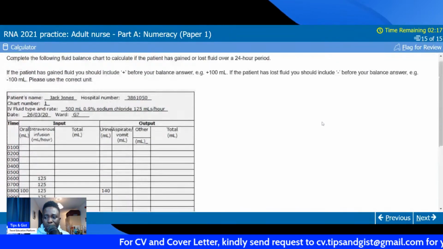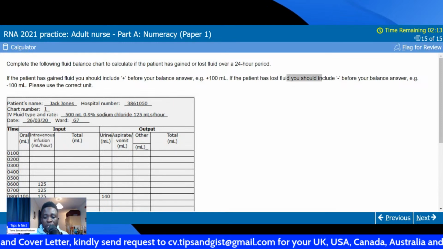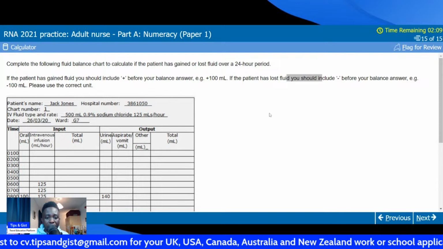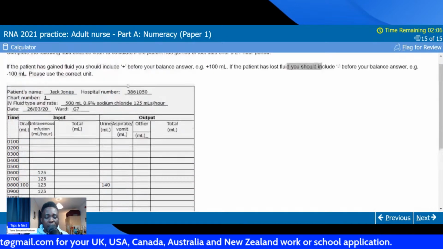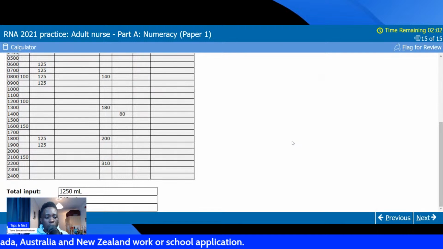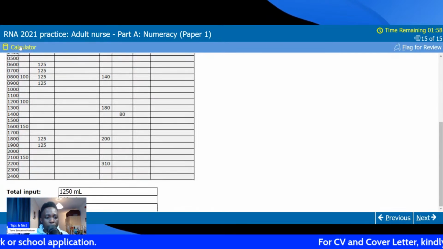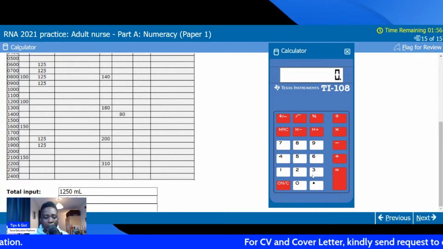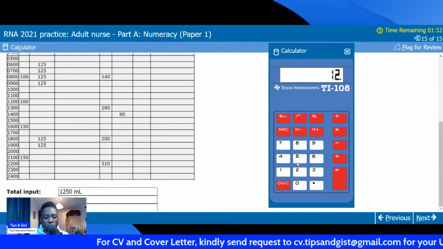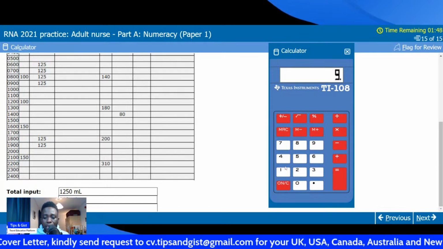Now we have to do the balancing. The instructions here say if the patient loses fluid, you add minus to the answer. If the patient gains, you add plus to the answer, and you also have to use the correct unit. So now you have to subtract the output from the input: 1250 minus 910.